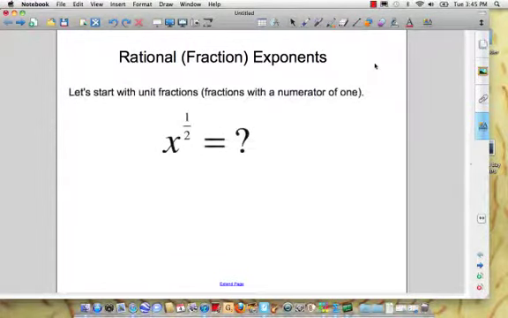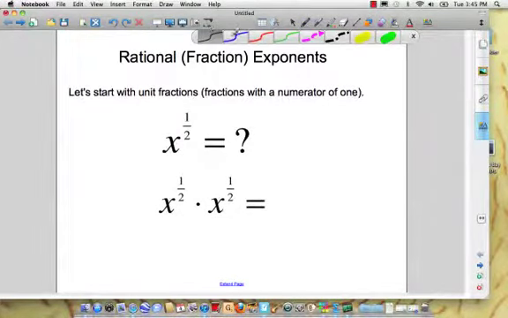Let's start with perhaps the easiest example, a unit fraction. That means where the numerator is 1. And among the unit fractions, the first to consider would be x to the power of 1/2. So you might not know how to handle something like that, but here's how we are going to get an answer for that.